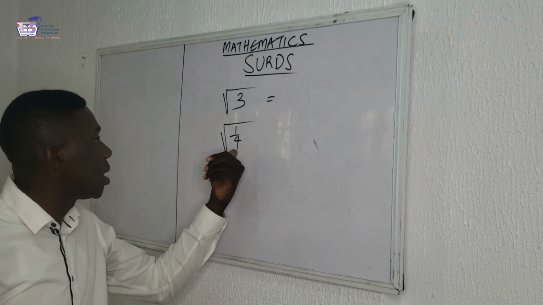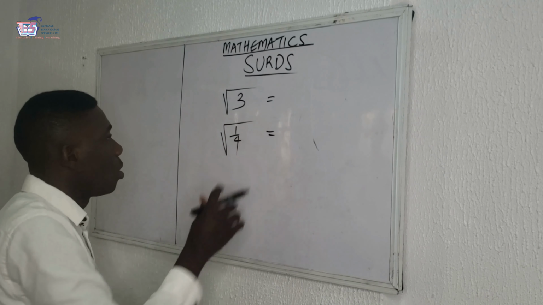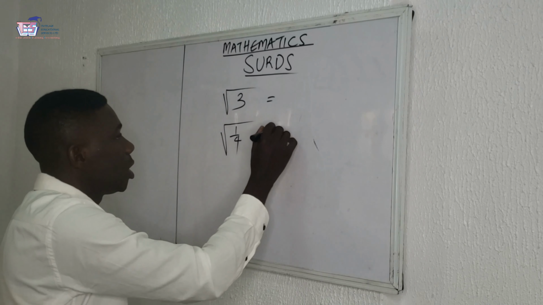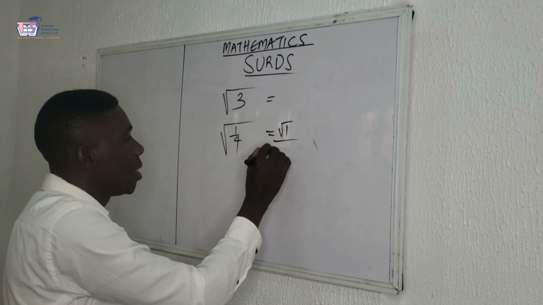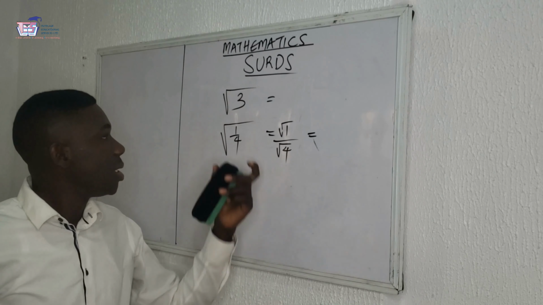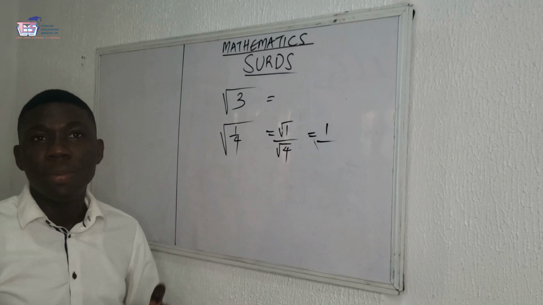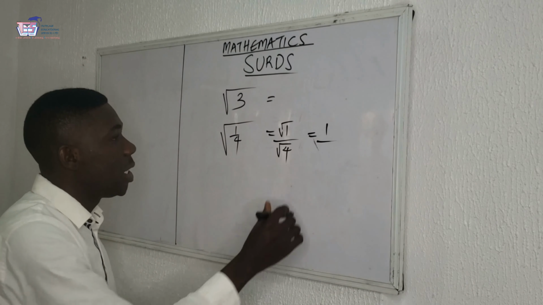We also have fractions. We also have decimals that are perfect squares. For example, let's look at the square root of 1 over 4. This can be written as the square root of 1 over the square root of 4. 1 is a perfect square. The square root of 1 is 1. 4 is a perfect square. The square root of 4 is 2.